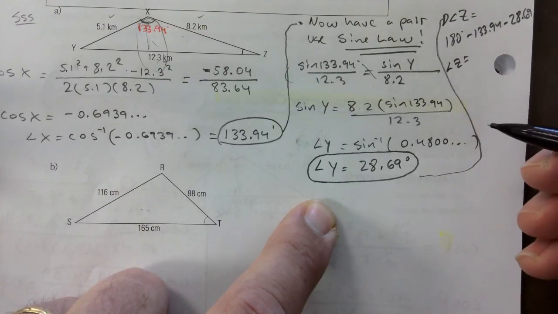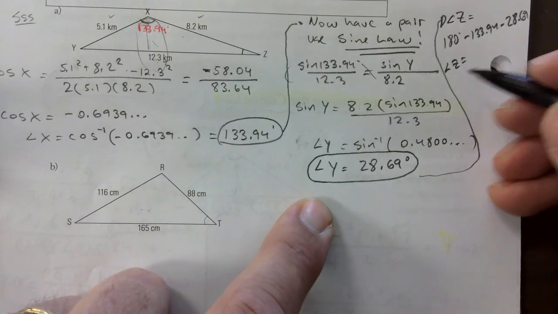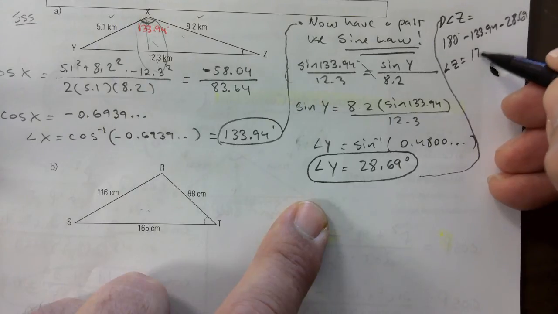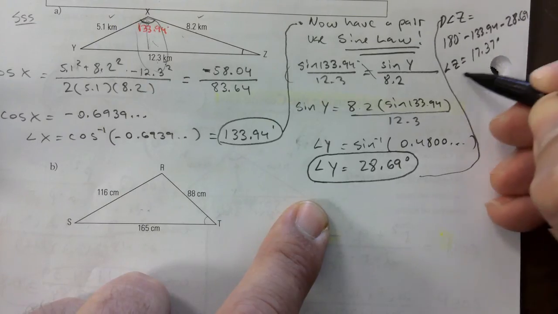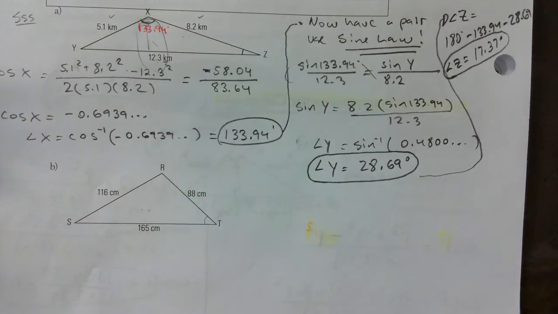It's kind of crammed there, but you have the numbers. And so z is 17.37. And there, now you solved it, right? Can you solve a triple side triangle? Yes, you can. Can you solve a triple A? Angle, angle, angle. Can that be solved?